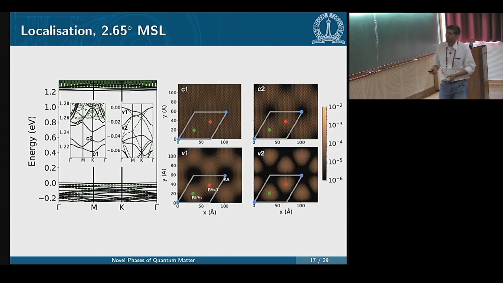Second, I can take these bands, and I've blown up the region near the conduction band minimum and the valence band maximum, and I plotted what the bands actually look like. And you see that the valence bands look something like this.